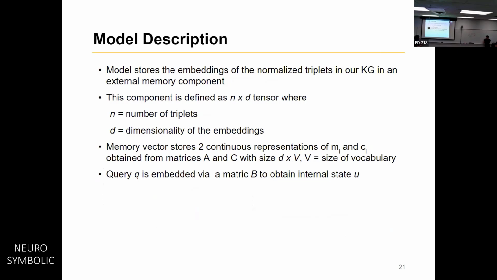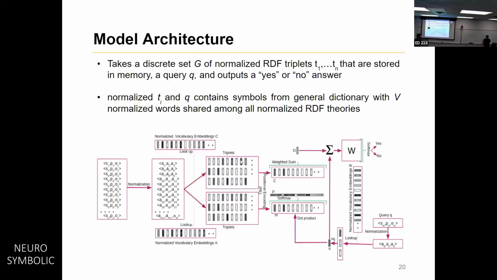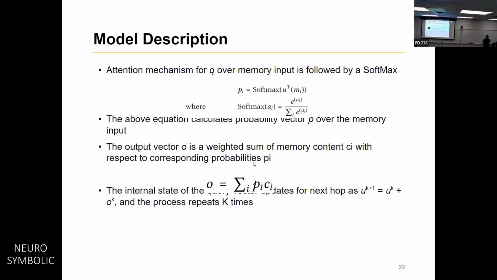The query is embedded by a matrix B to obtain the internal state U. So A, B and C are embedded to syntactic normalization. All of these are unique, and to solve the problem of leakage of the query into the input, we have no kind of leakage anywhere.